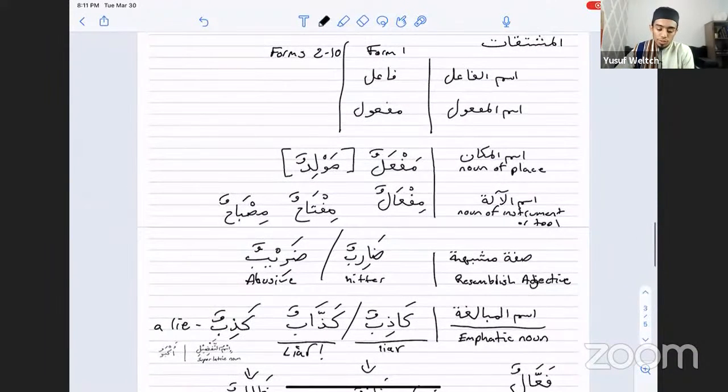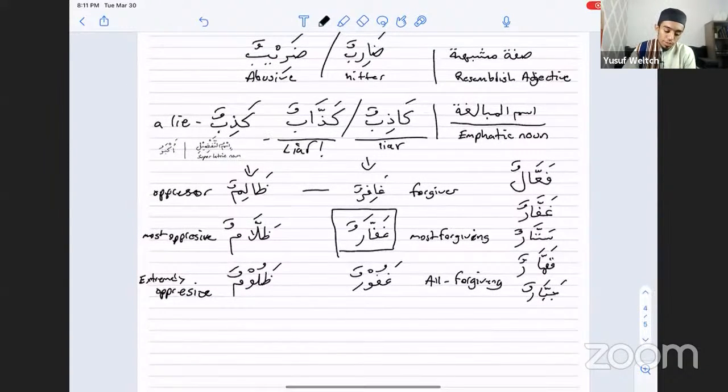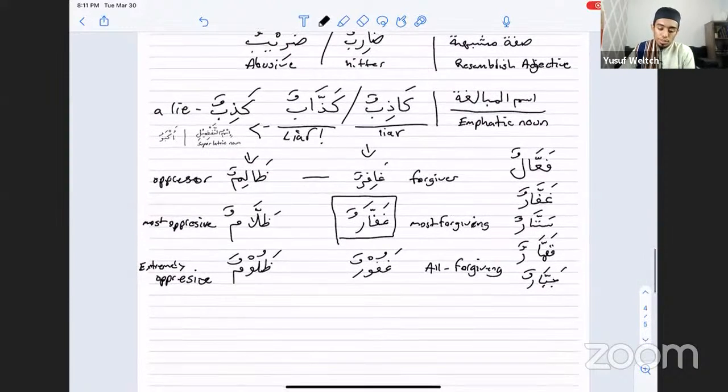So we have Ism al-Fa'il, Ism al-Maf'ul, Ism al-Makan, Ism al-Ala, Sifat al-Mushabbaha, Ism al-Mubalagha. We did Ism Tafdil over here, we just shrunk it. And then, yeah. Are there any questions on those? Because today we want to kind of focus on the forms. Just wanted to get that review out of the way.